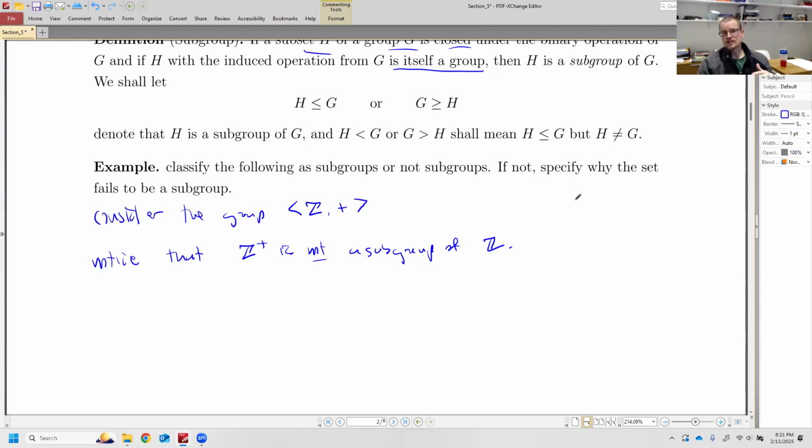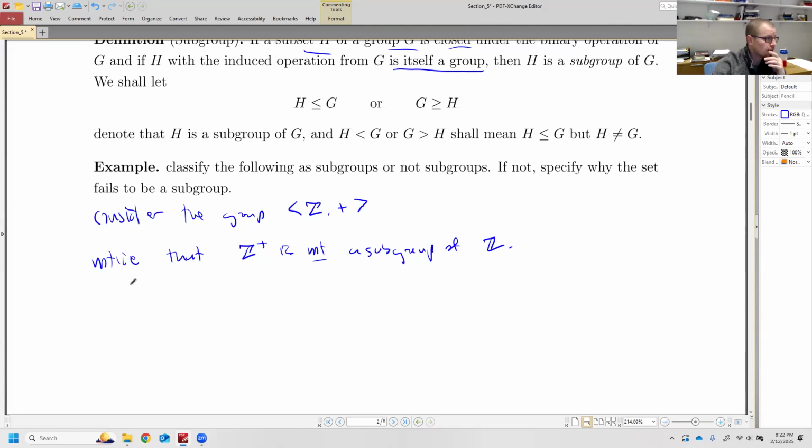Well, if I'm using Z plus, all of the positive integers, then we have a couple of problems. We still have associativity. That's wonderful. All right, that's just kind of inherited from Z itself. But we also need to have identity and we need to have inverses in order for us to actually have what we're looking for. We also need closure, right? We need that closure aspect.